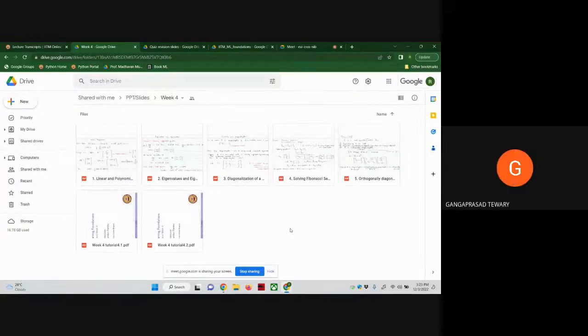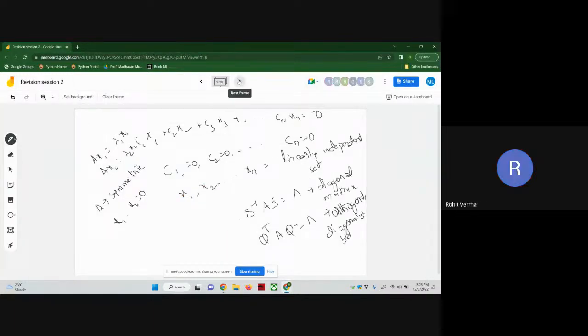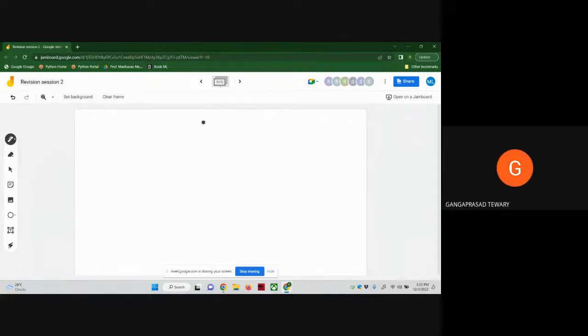Sir, just a small clarification. When the length of the vector is also becoming 1, then the matrix is becoming orthonormal, right? Because they are perpendicular and independent to each other. For vectors, suppose we have x1 comma x2.